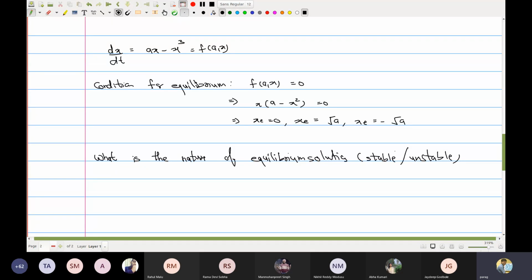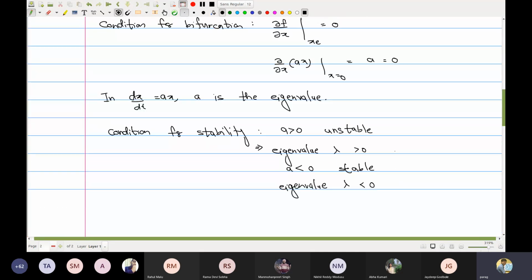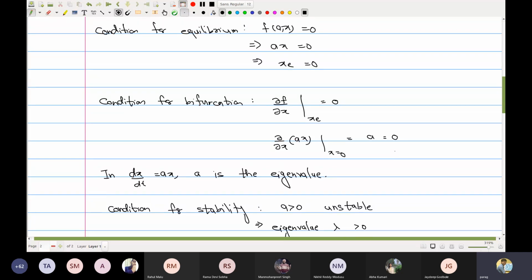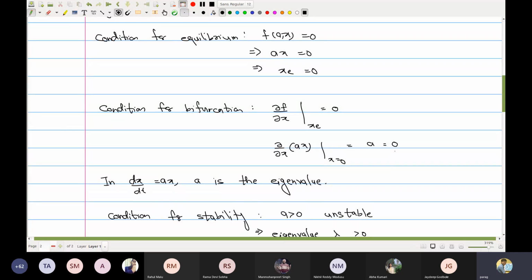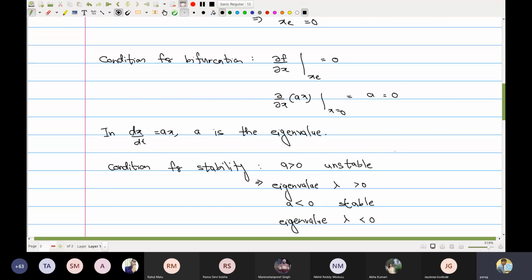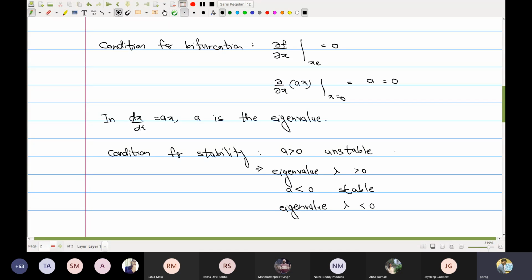So we'll do the same analysis which we did previously. So you will determine the eigenvalue. And what was the eigenvalue? You solved for the condition for bifurcation, okay? And the eigenvalue about the equilibrium point being greater than 0 gave you an unstable system, and the eigenvalue about the equilibrium point being less than 0 gave you a stable system.